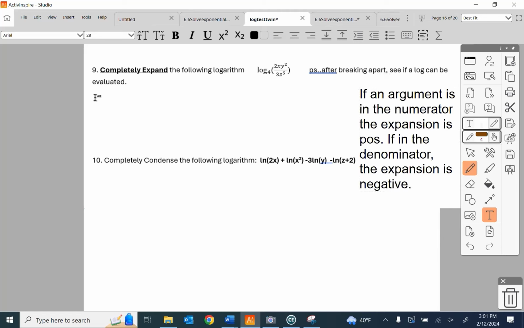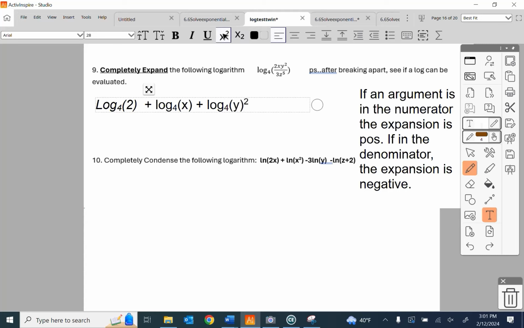So let's do this. We have log subscript 4. This first one's special. I'm just going to go ahead and put this in italics right now because it's special. Plus log subscript 4 of x, plus log subscript 4 of y to the second.